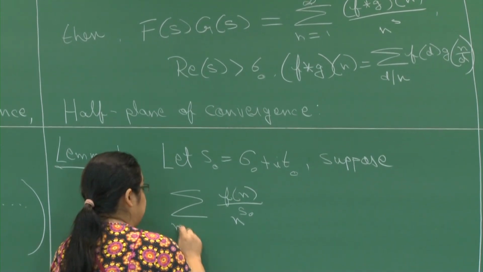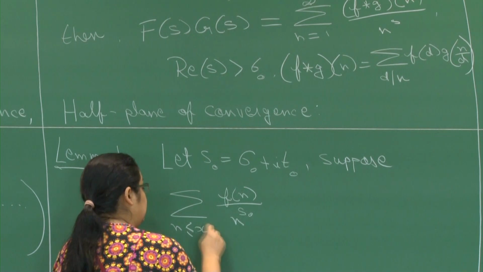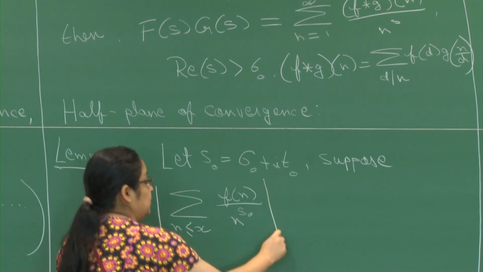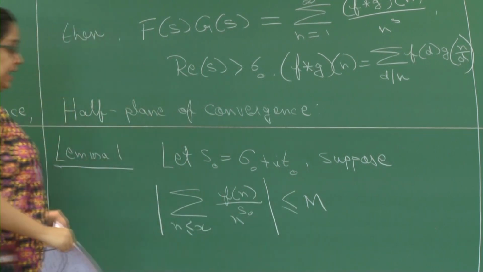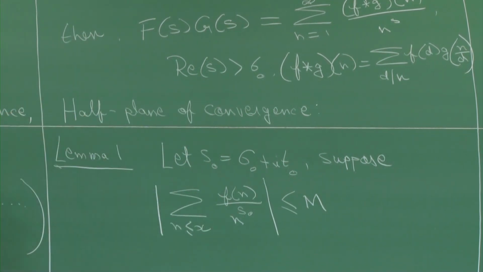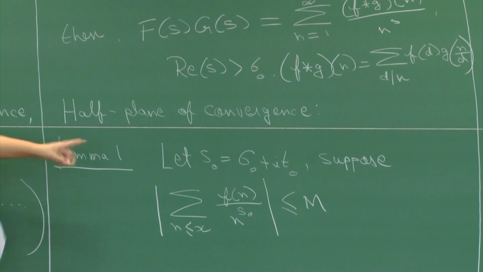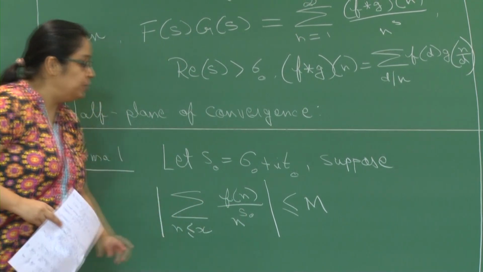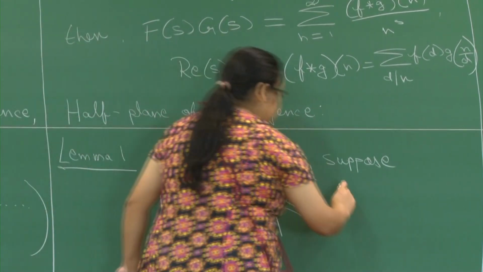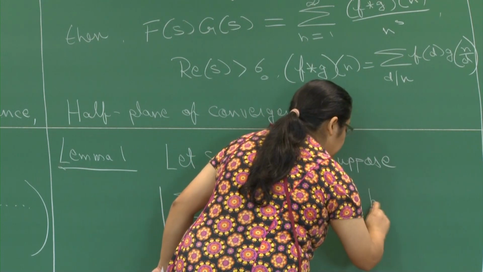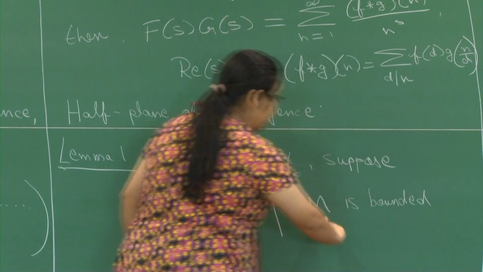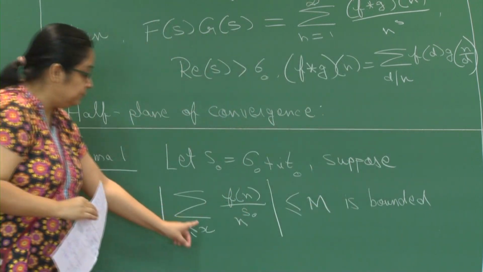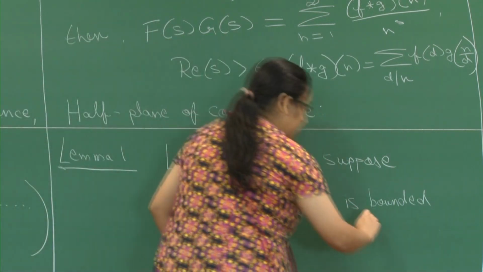Okay, so let us say that for each x, these sums, the partial sums of the series corresponding to S sub 0 are bounded by some constant M. This is a uniform and absolute bound which will work for every x.